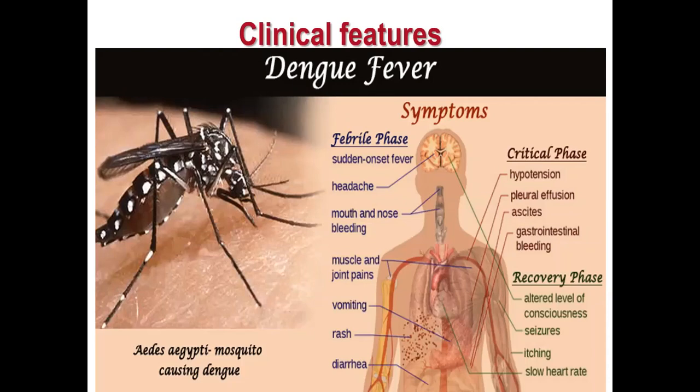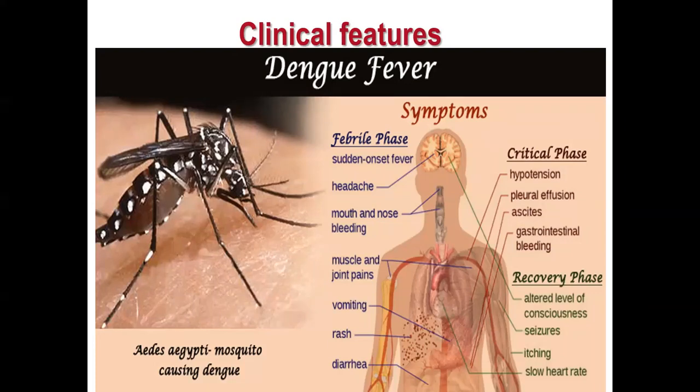Vomiting and diarrhea are considered non-specific symptoms, but if the patient presents with fever along with diarrhea and vomiting, these are considered warning signs, and the patient is at most risk of developing the critical phase and even dengue hemorrhagic fever.